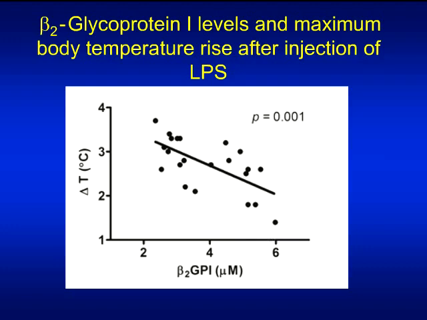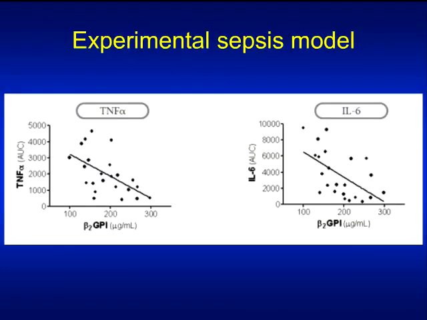Apparently, beta-2-glycoprotein 1 protects you from a rise of body temperature. And you can see that in different ways. The TNF-alpha rise and the IL-6 rise in these patients also correlate negatively with the level of beta-2-glycoprotein 1 they had when this study started. So apparently, beta-2-glycoprotein 1 can protect you from LPS infection.